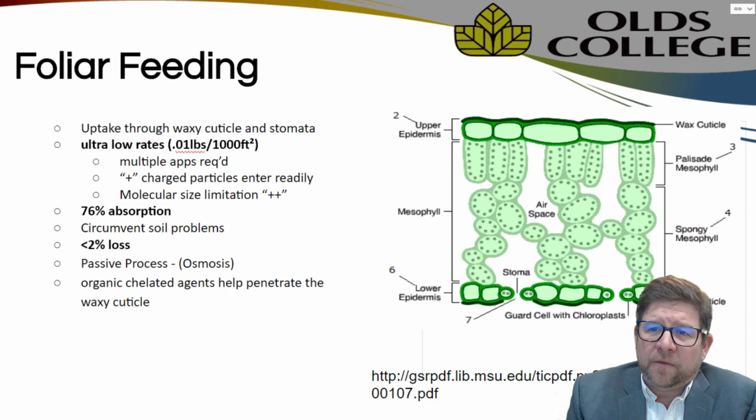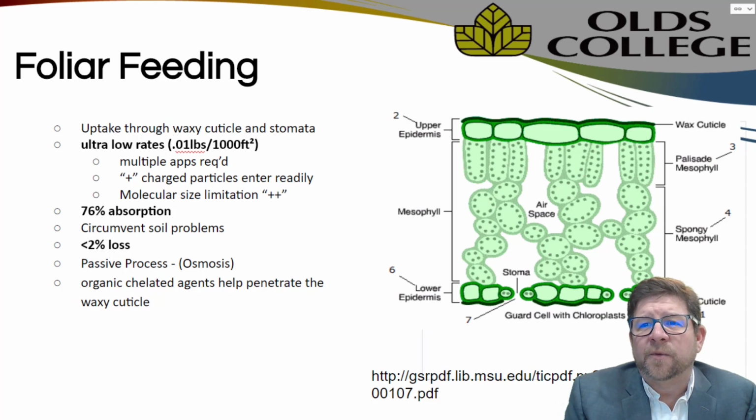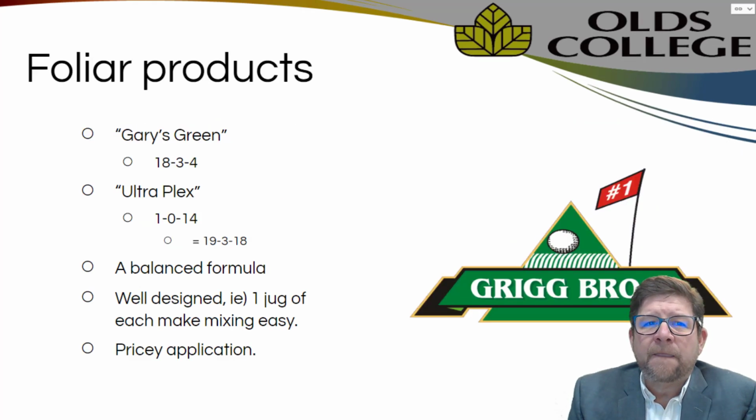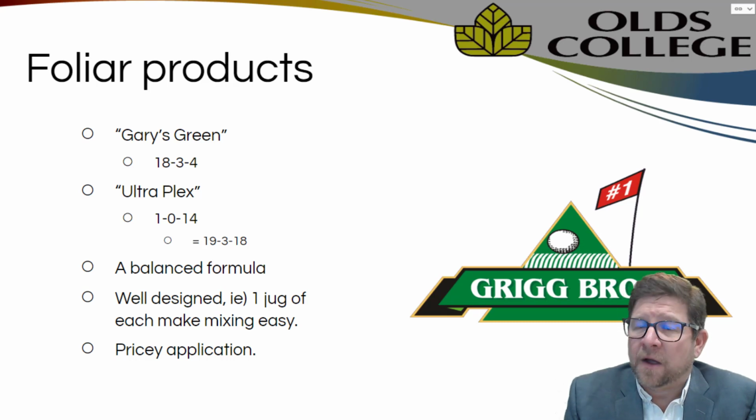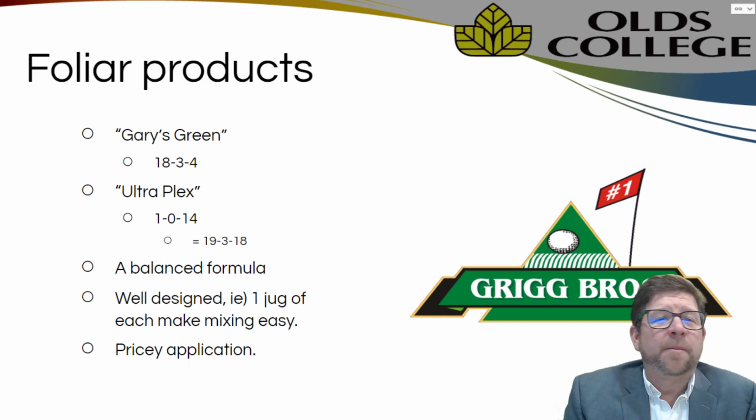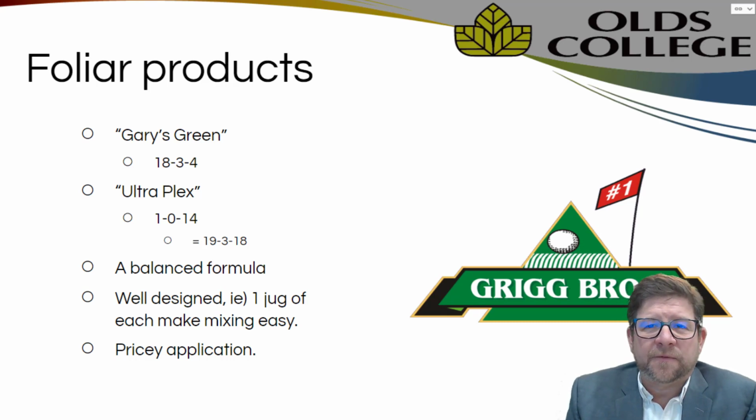So although they're a little bit more expensive in the grand scheme of things, we really get the fertility where we want it. Some of the foliar products out there that you might recognize, the one that's been around the longest, and I don't work for Griggs or make any money off of them, but I can vouch it's a very great product, is the Gary Griggs line.